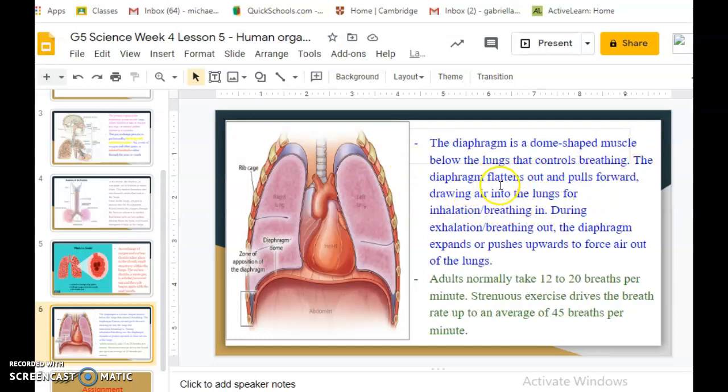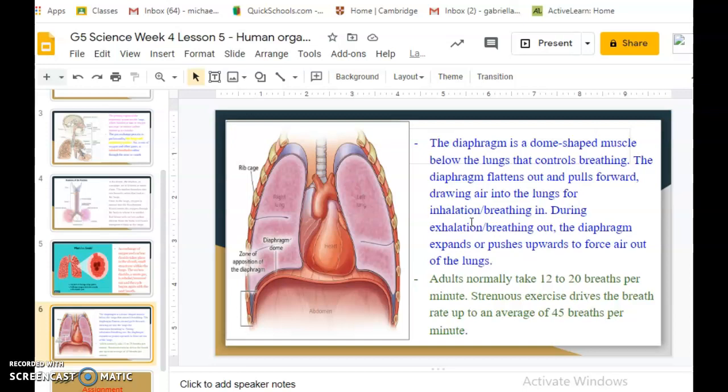Now if you are breathing in, the diaphragm flattens out and pulls forward, drawing air into the lungs for inhalation to take place. When it flattens down, the volume of the lungs increases, and then you are able to inhale the air.